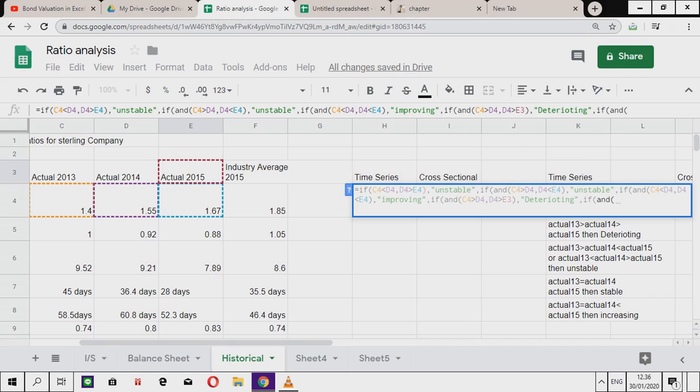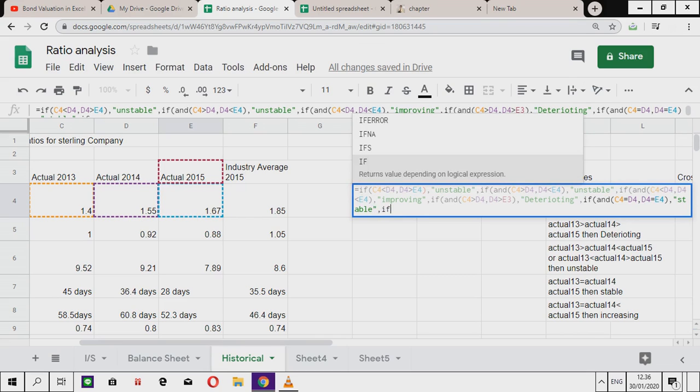Comma, IF and open bracket, and click the cells, C4 equal D4, comma, D4 equal E4, close bracket, comma, quotation, stable, and then, yeah. Do the same.